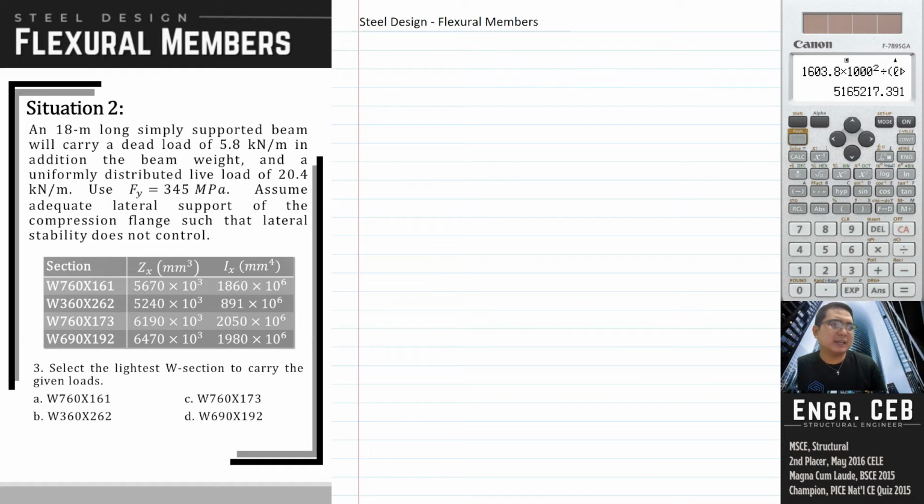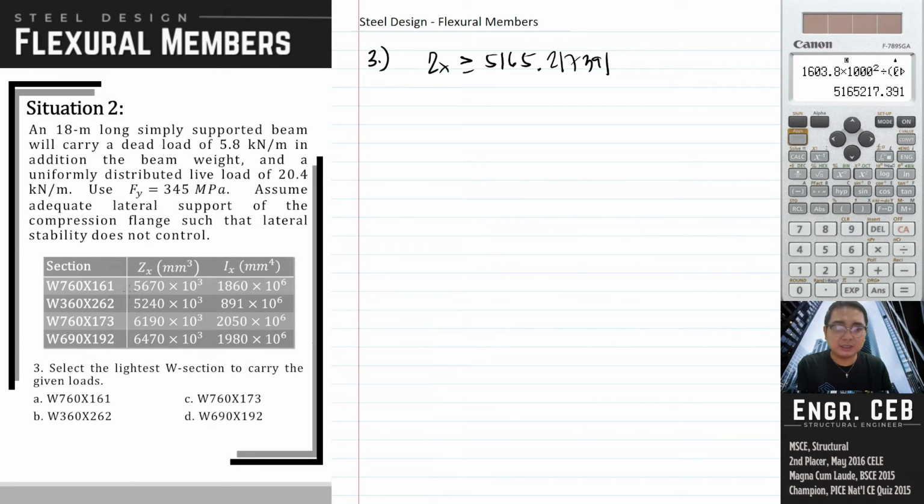Next, select the lightest W section to carry the given loads. The required plastic section modulus is 5165.17391. Based on the given sections in the table, we will look for the lightest section whose Zx is greater than 5165. We are not going to choose the nearest Zx. We are going to choose the lightest, but its Zx is greater than 5165.